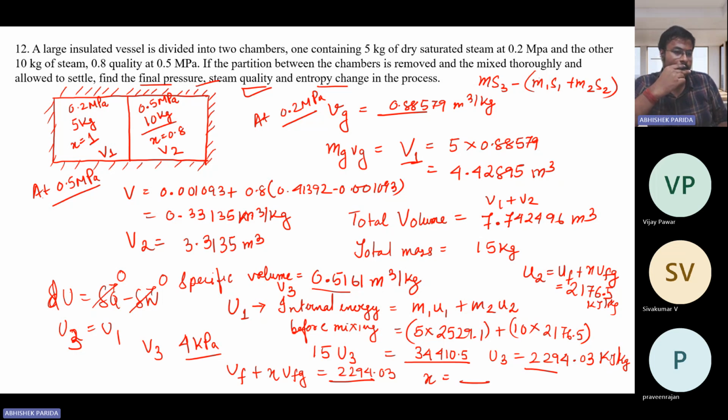Otherwise, you can directly go for the Mollier chart, because from U you can find H, like U plus PV is equal to H, no? So you can find H from enthalpy, and the Mollier chart is basically the curve between H and S. So from there you can find out.